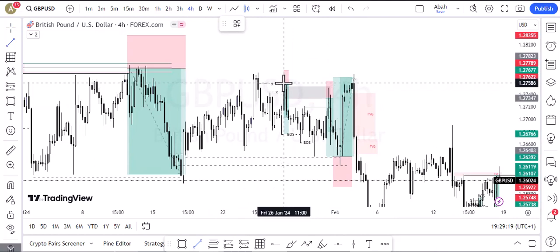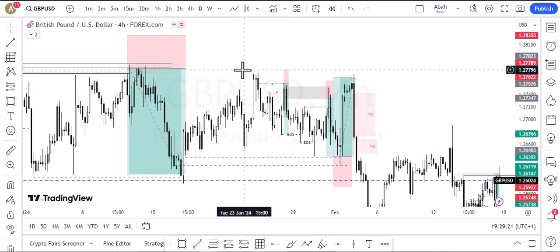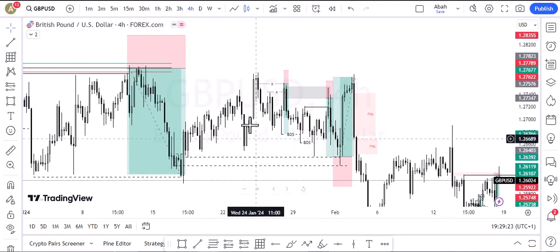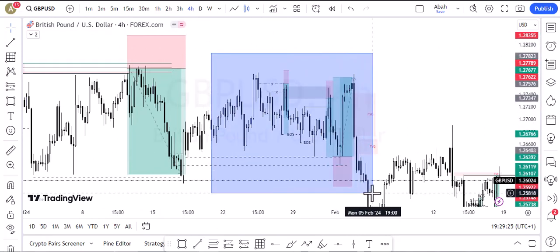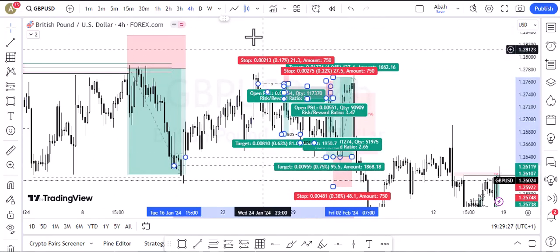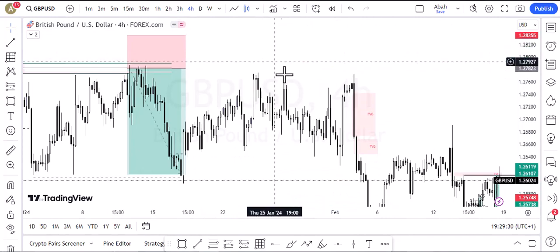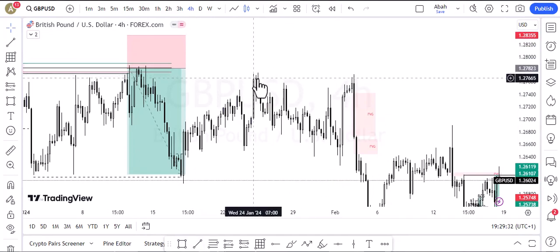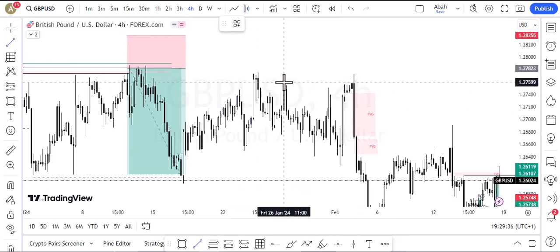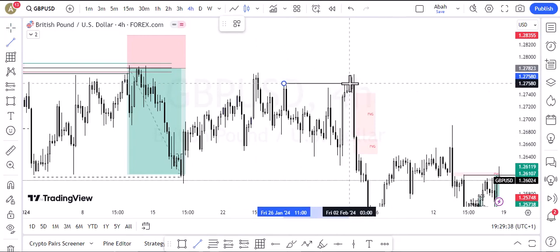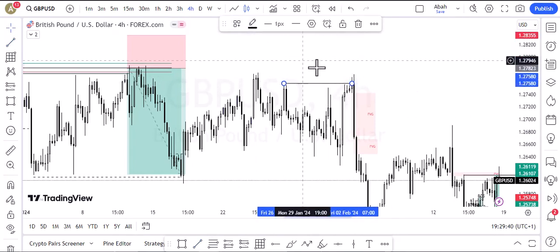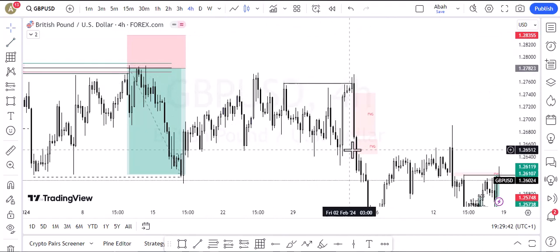Now my chart is very scattered. Let me clean it up a little bit. There's no time. Okay, so let's say we have this now as your liquidity. You get your inducement scenario.